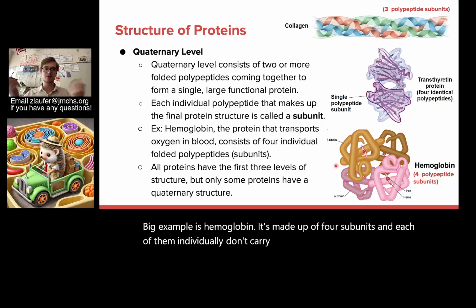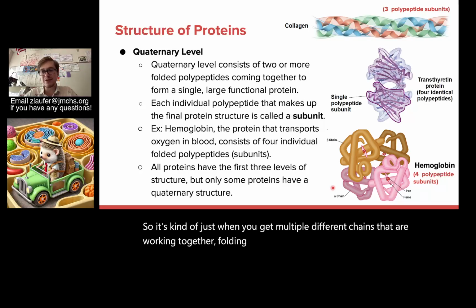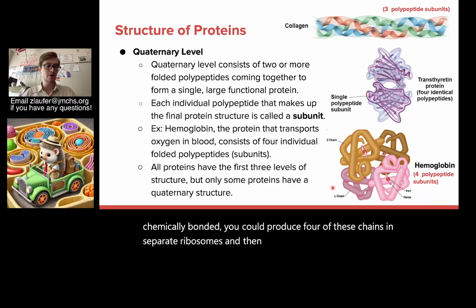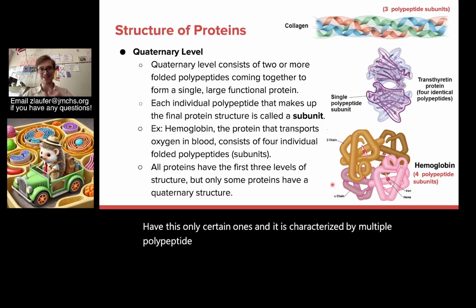All of them together do. So it's when you get multiple different chains that are working together, folding together, that may not have been chemically bonded. You could produce 4 of these chains in separate ribosomes, and then they all fold together. So not everything will have this, only certain ones, and it is characterized by multiple polypeptide chains. Everything before this was a single polypeptide chain.